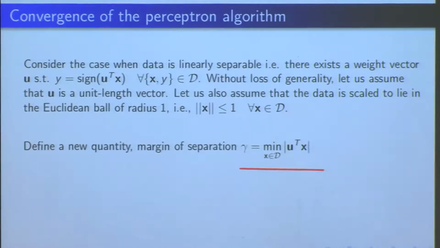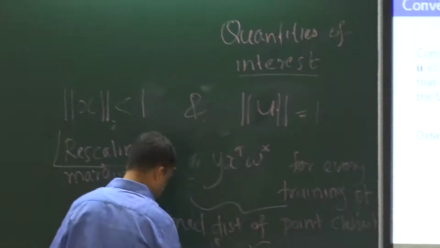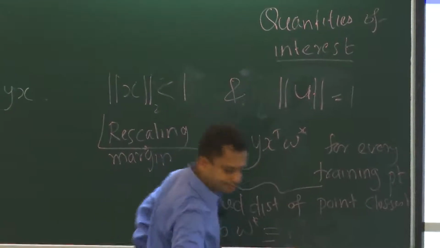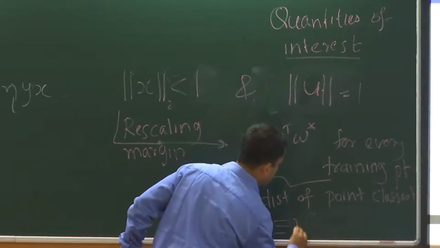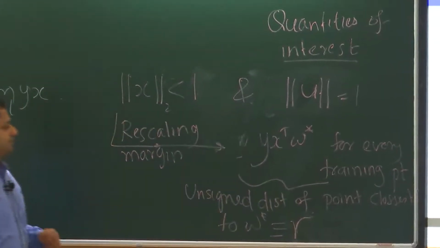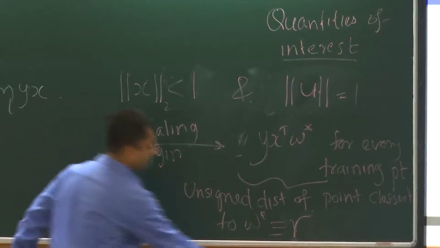I've given it a name here, eta. Say gamma, this is gamma. Let me change this w star to u.